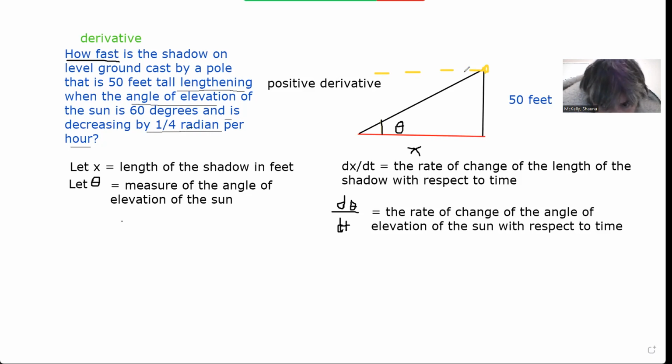The reason I drew this yellow line up here is to remind you about angles of elevation, which is what this is. Angles of elevation are above your horizontal frame of reference. Here, it's where the sun is. So the sun's up here by this yellow dot.